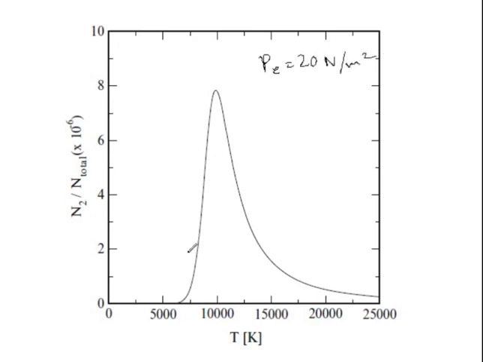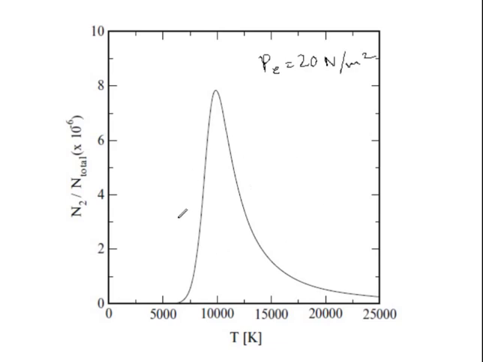Now what is important to note is the rise at low temperature, which is due to the increased number of excited atoms, while the drop at higher temperatures is basically due to the increased number of completely ionized atoms, right?